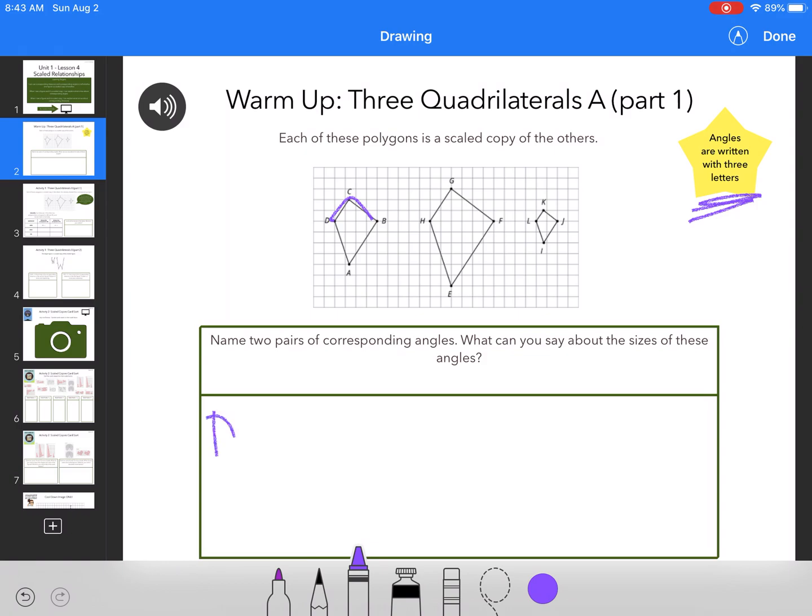So it's going to be DCB, and it corresponds to HGF. And I realize this isn't a pair, but I still want to make sure that I highlight it. LKJ.